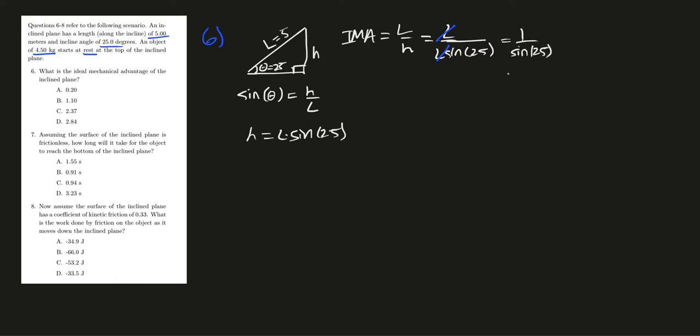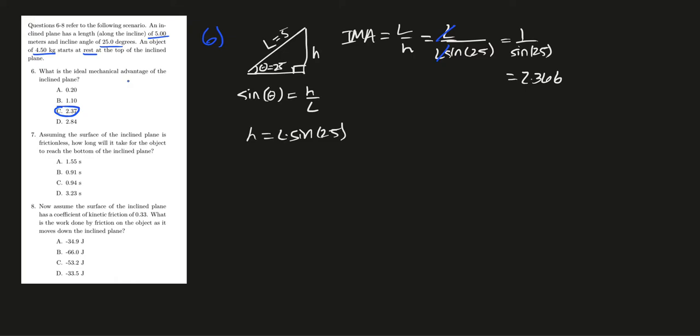And if you plug that into your calculator, that'll give you a value of 2.366. And that's close enough to answer choice C, and they rounded the value to 366.